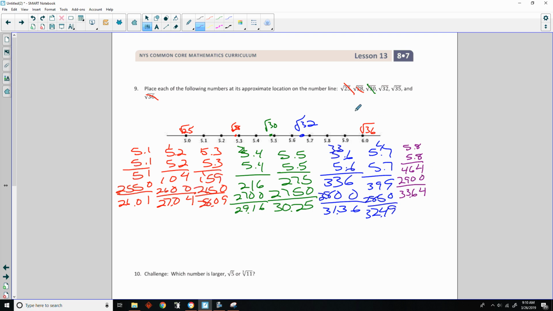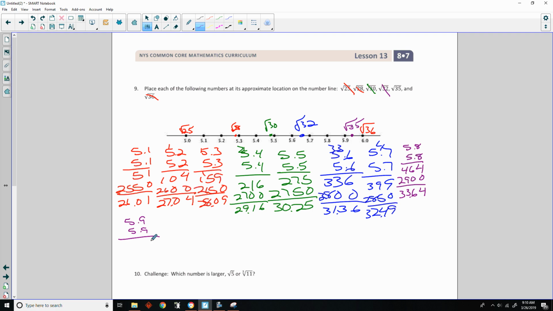We've already done 32, we're looking for 35. 33.64 is less than 35, so we now know that the square root of 35 is more than 5.8, but is it more than 5.9? So the last number I'm going to do is 5.9 squared. And I really don't need to do it. I know now that the square root of 35 is between 5.9 and 6.0, but I will do it to see what it's closer to.